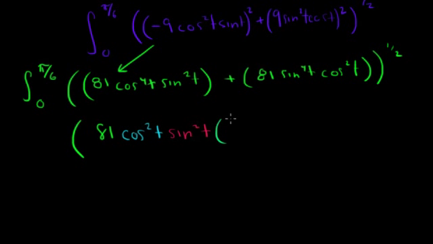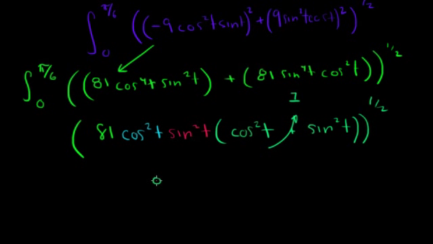When you factor out an 81, what you're left with on this side is just a cosine squared of t, because if you were to multiply this all back in, you get 81 cosine to the 4th t sine squared of t, which is just this. And on this side, you'll just be left with sine squared of t. All I did was factor it out. And then amazingly enough, this just ends up being 1.